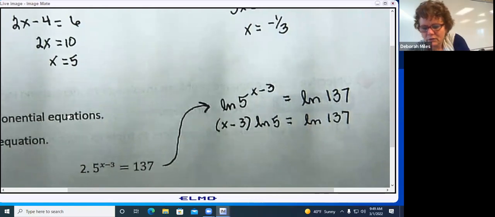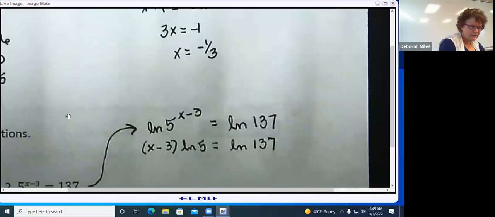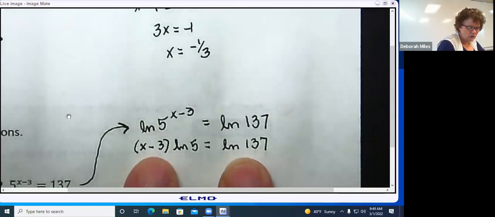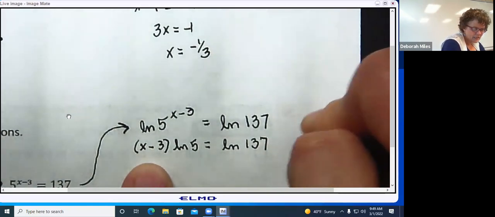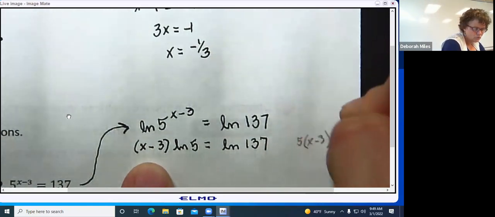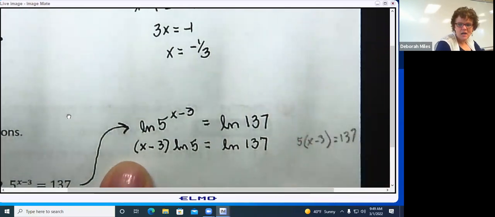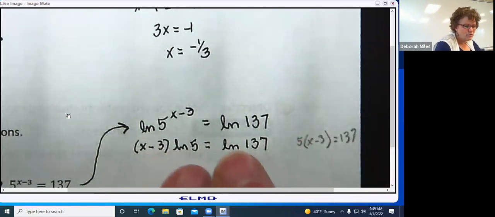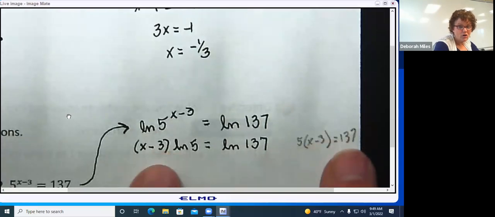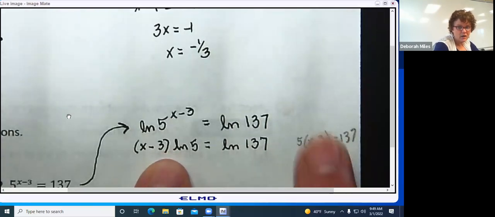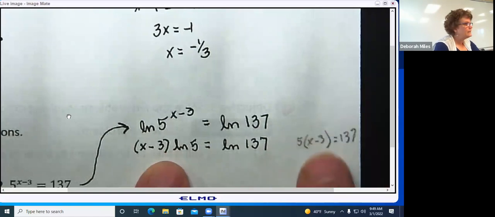Let me grab a pencil and write something that I can erase real easily. As scary as that looks, it's really just like 5 times x minus 3 equals 137. I am not suggesting that you can just erase the logs, but I'm saying you solve these two equations the same way. What would be the first thing you did on this easy baby equation I made up?